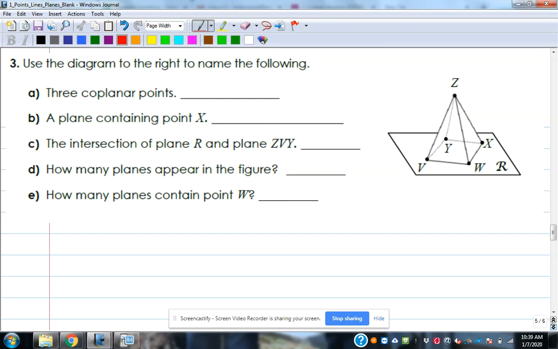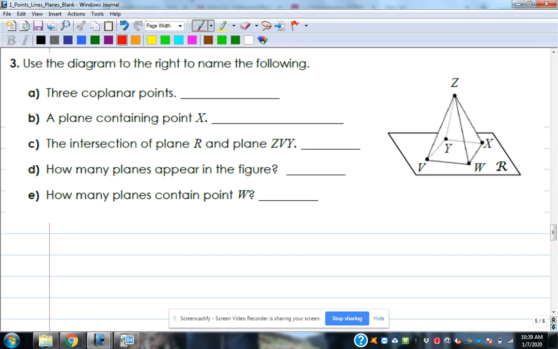Triangular sides. So it's got sides to it. So what do those sides make? Planes. Because triangles have how many points? 3. Three vertices for a triangle, another name for corners. And how many points does it take to make a plane? 3.